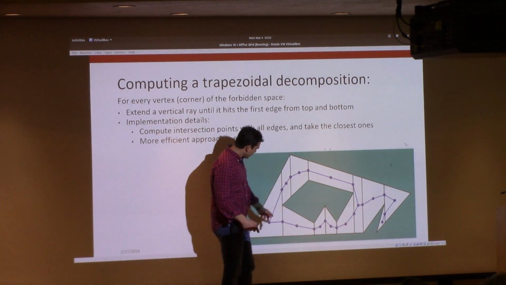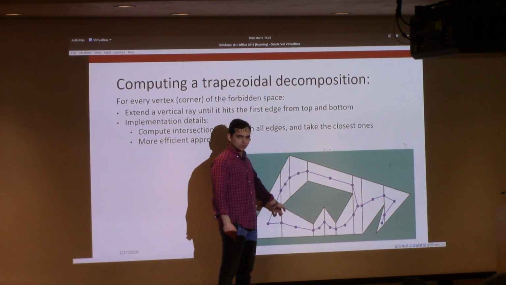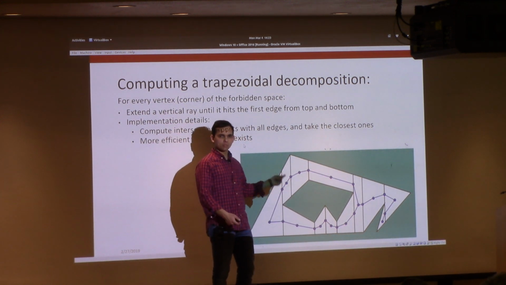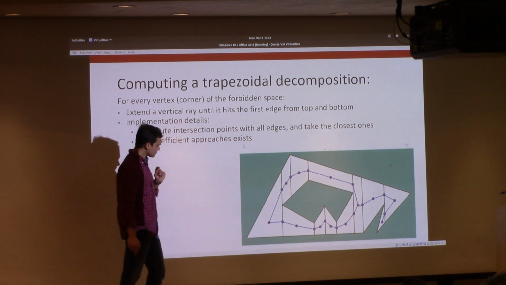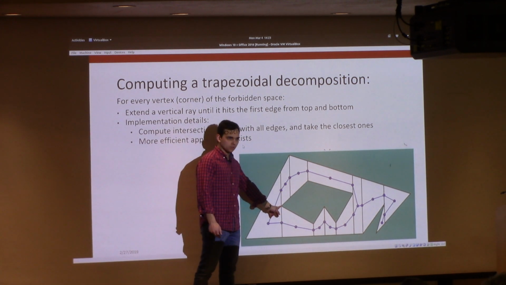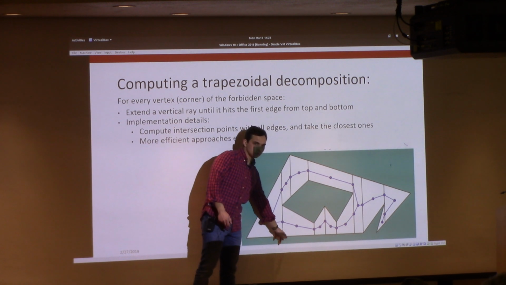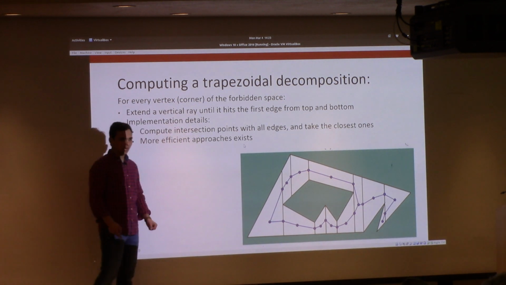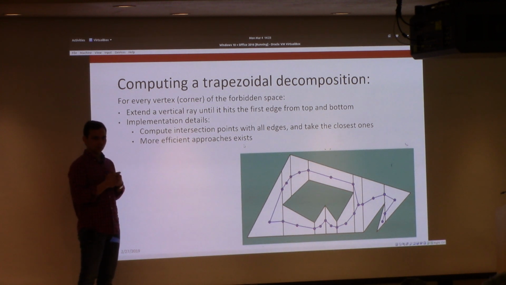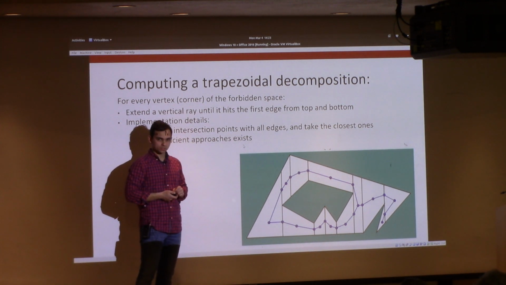We are picking a vertex of the forbidden region, a vertex that is found on the boundary of the forbidden region. And we draw a ray that goes up and down from this specific vertex until what happens? Until it reaches another edge that represents the forbidden region.